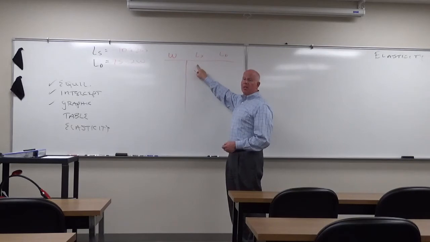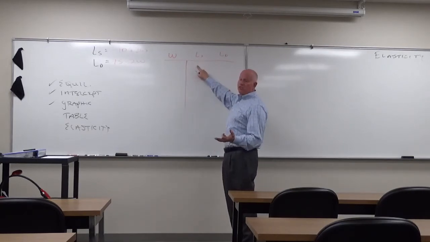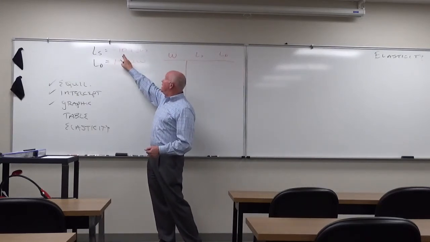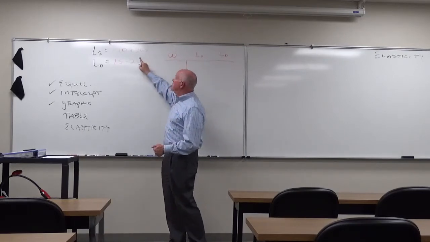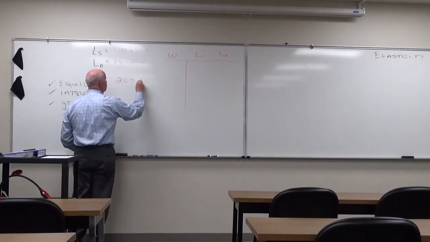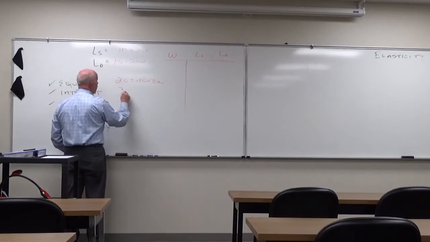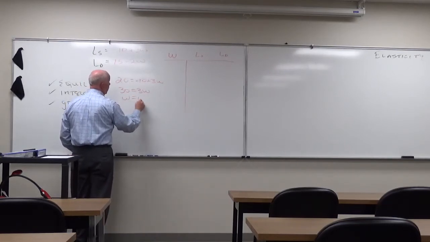If I know labor supply, I can go to the labor supply equation. Let's say labor supply is 20. I can say 20 is equal to negative 10 plus 3W, or 30 is equal to 3W, or W is equal to 10.